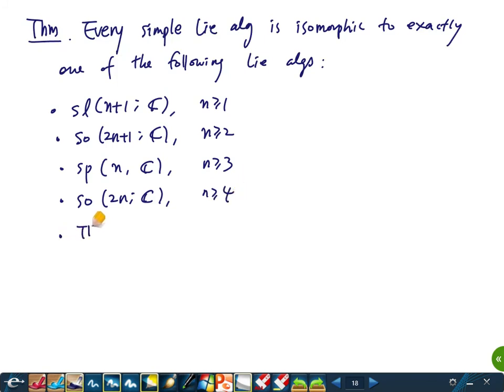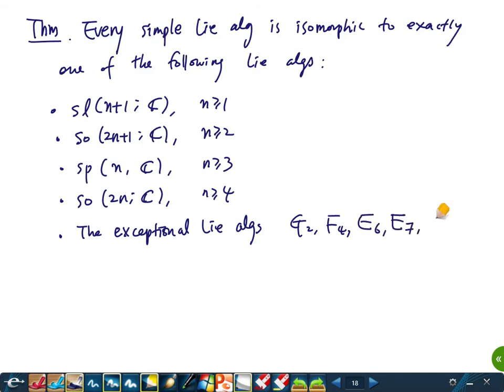And then the exceptional Lie algebras, again denoted by the same symbols. These Lie algebras are quite complicated, but still they are finite dimensional, and the complete structure is known, so you can use a computer to prove something.